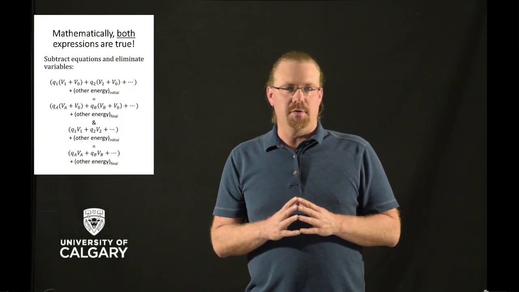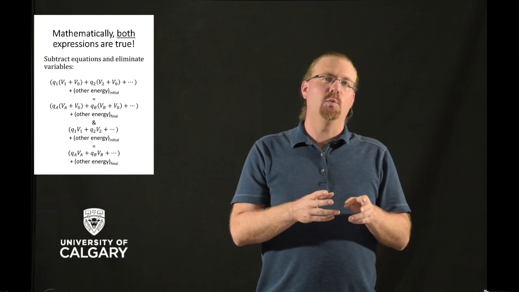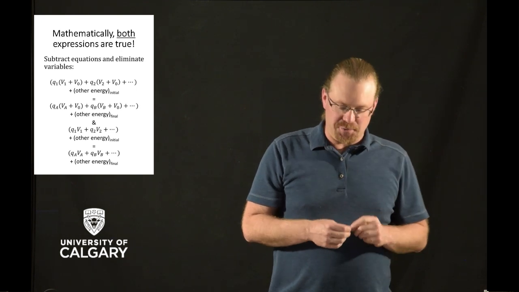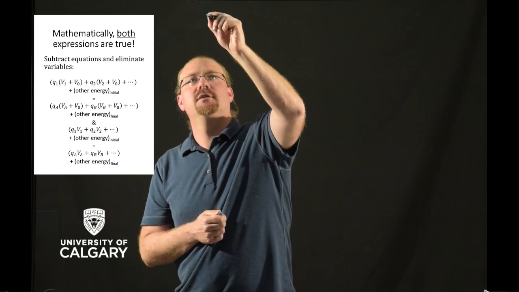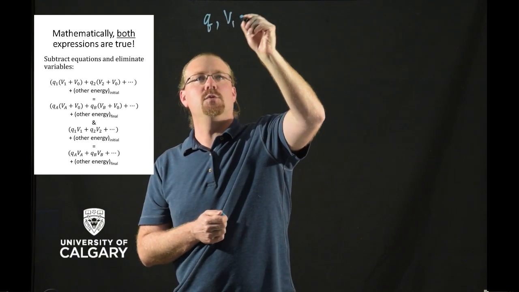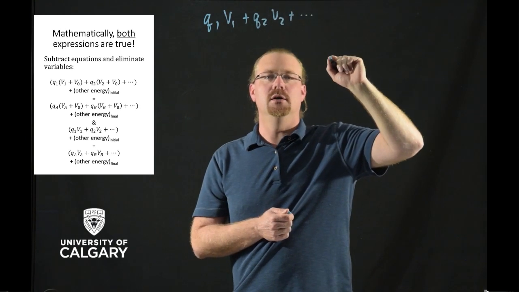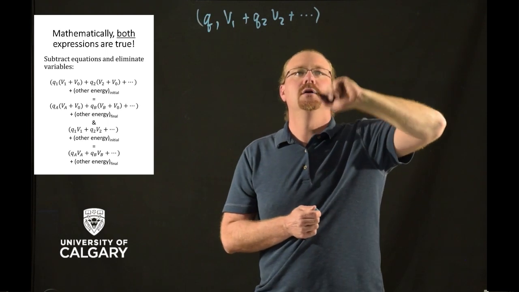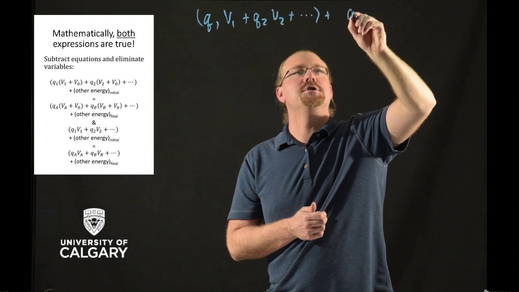With our gauge transformation, this change of potential at r equals infinity, what we've just done is come up with two equations. Now we're going to go back to high school algebra. So we have our two equations, and the first equation is just Q1 V1 plus Q2 V2 plus all of our other charges times the electric potential they all wind up having, plus all of the other energies that we have.